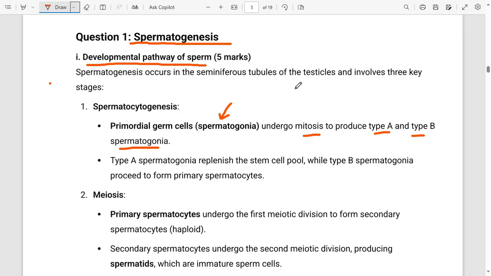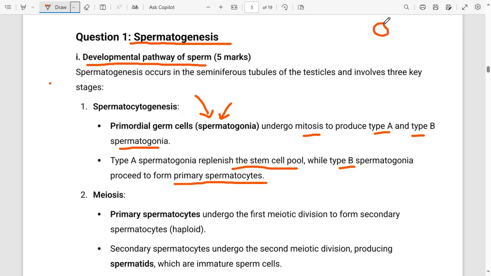Then the type A spermatogonia is replenished into the stem cell pool. What does this mean? It goes back and becomes a spermatogonia again. Maybe I can draw it.